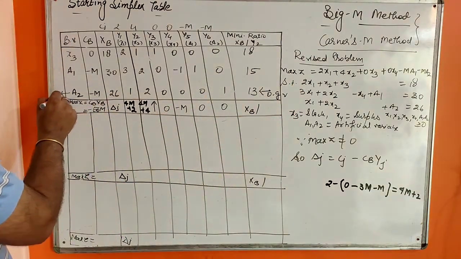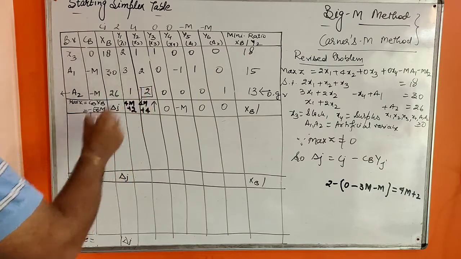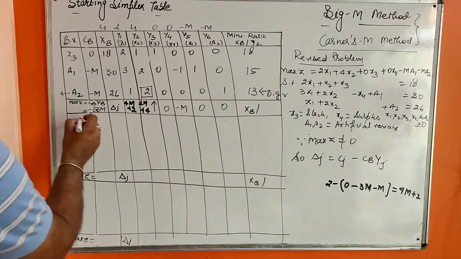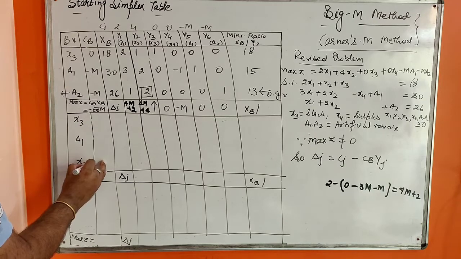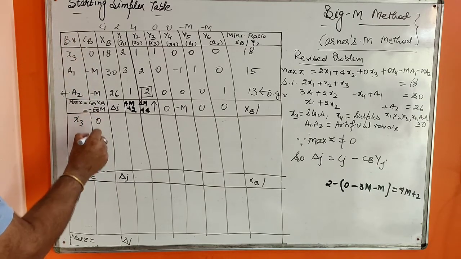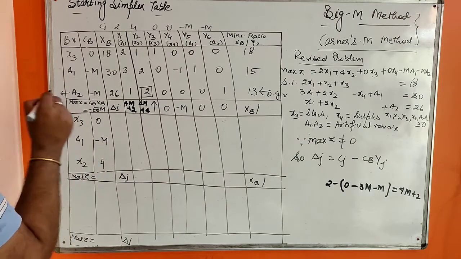It means A2 will go out and X2 will take its place, and the intersection of this ICV and OGB is the key element. So moving on to the next step, X3 as it is, A1 as it is, the cost variable is 0, minus m, and X2 is 4.